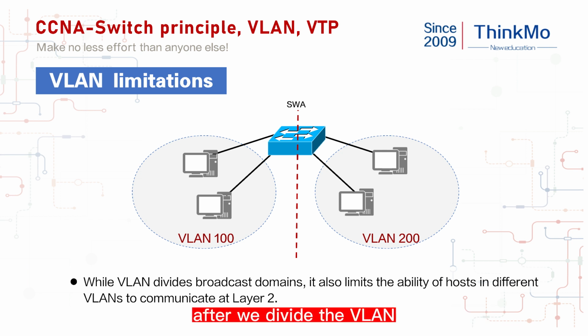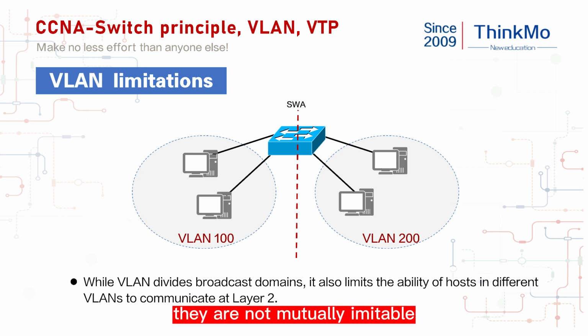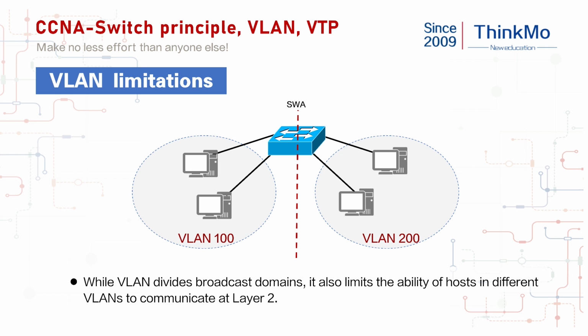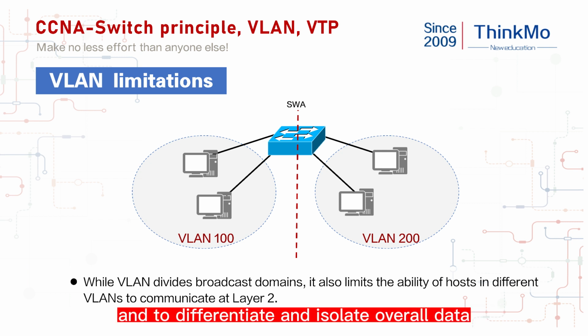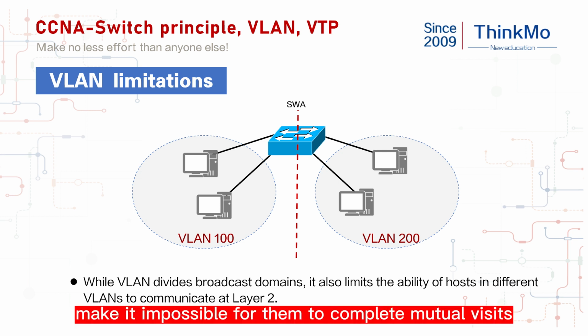After we divide hosts into different VLANs, there is no way for them to communicate with each other at the second layer. So as I just told you, for the entire VLAN, it is more about wanting to isolate broadcast traffic and to differentiate and isolate overall data. For example, for different departments, I can rely on VLANs to differentiate different traffic and make it impossible for them to visit each other.